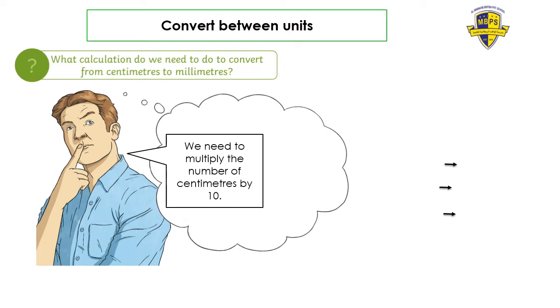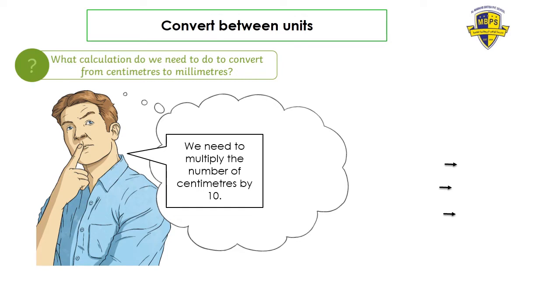So we can take this as a rule. Always when you want to convert from a big unit to a small one, you have to multiply. Why do we need to multiply? Because always in the big unit we have big numbers of the small unit.